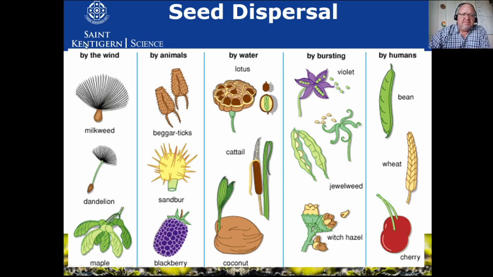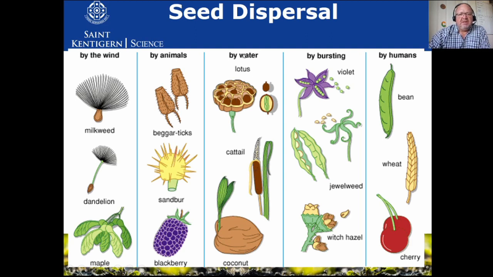Okay, so by wind, don't know if you've ever seen a maple leaf or a maple seed. It is awesome. They're like a little helicopter when they come down. By animals, blackberry, it goes through their poo. Sandbur, it will stick into their fur. These will also stick into their fur.